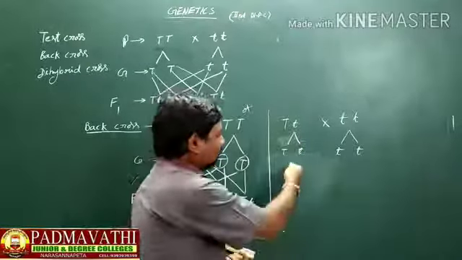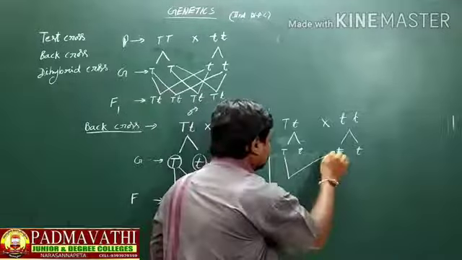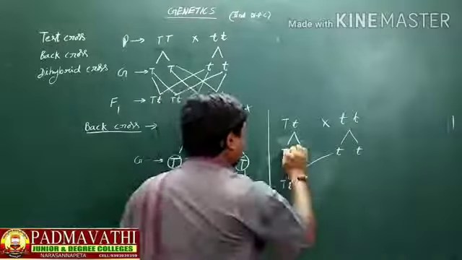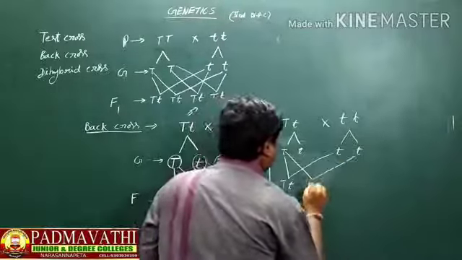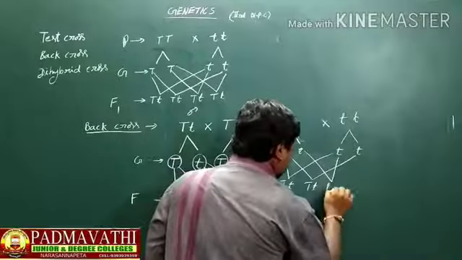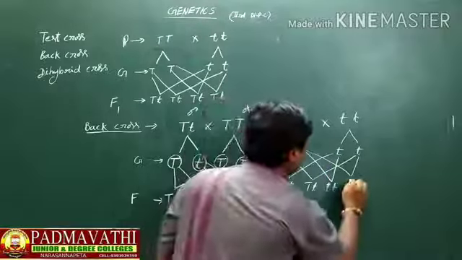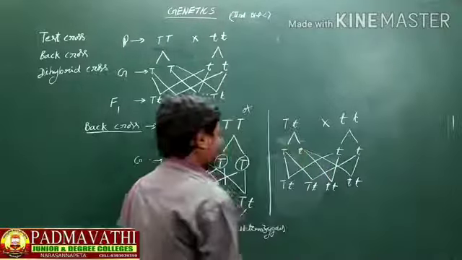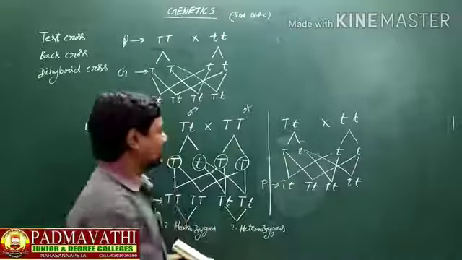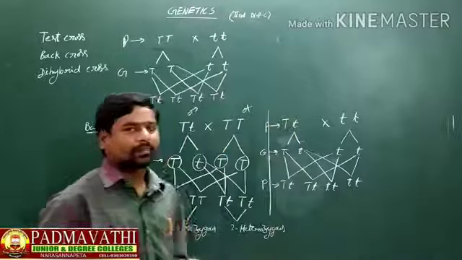Now we fuse them: big T small t, big T small t, and small t small t, small t small t. This is the progeny, the gametes, the parent generation.